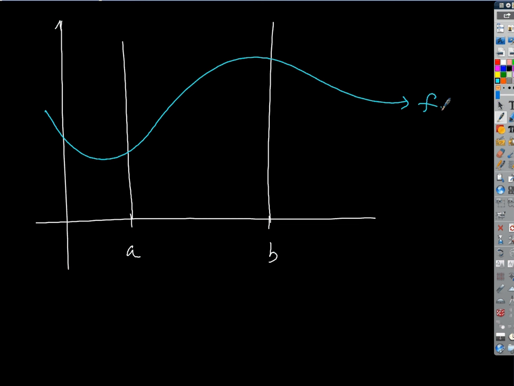Averages are tricky things. There's different ways to define averages, right? You can define an average as a median. You can define it as a mean. You can talk about a geometric average, where we would say that the geometric average of 2 and 8 is 4, because 4 over 2 equals 8 over 4, right?